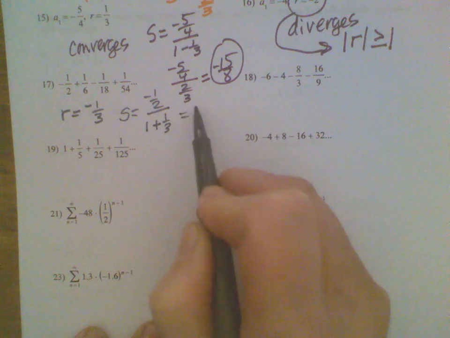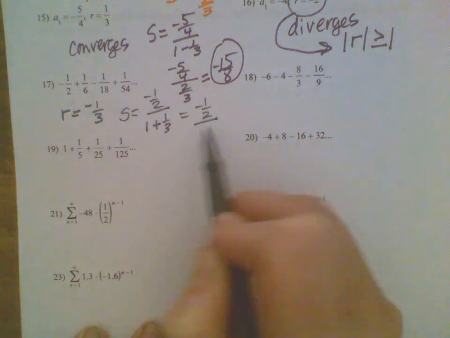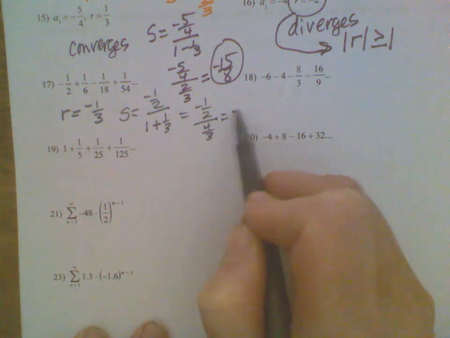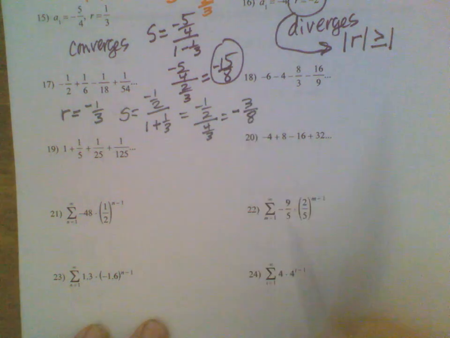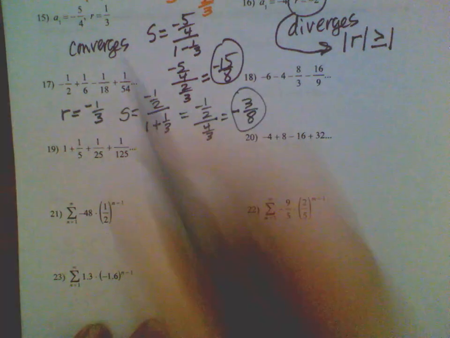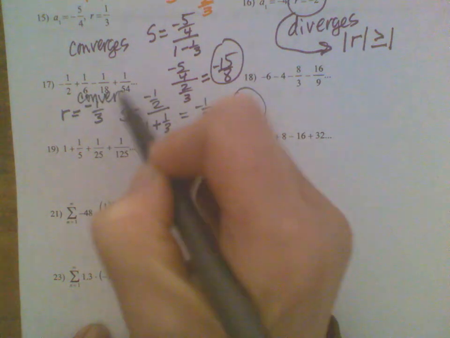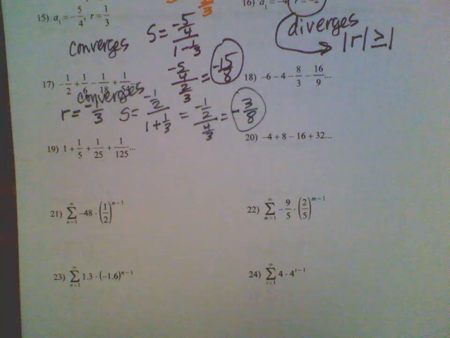So I'm going to have negative 1/2 over 3/3 plus 1/3, which is 4/3. And when I do the math on that, I get negative 3/8, I believe. Again, if I'm wrong, you can scold me later on. But this one converges, and it converges to negative 3/8.